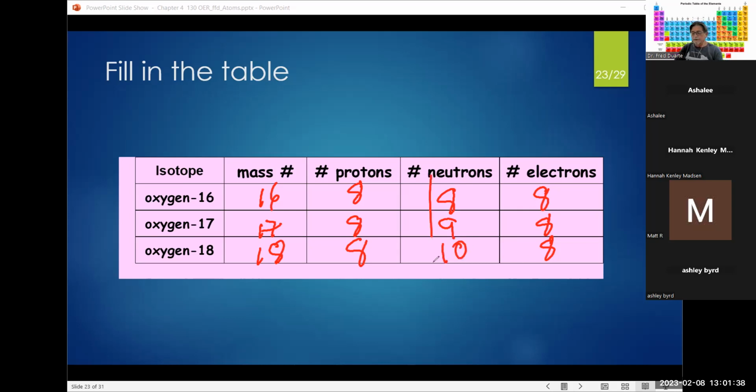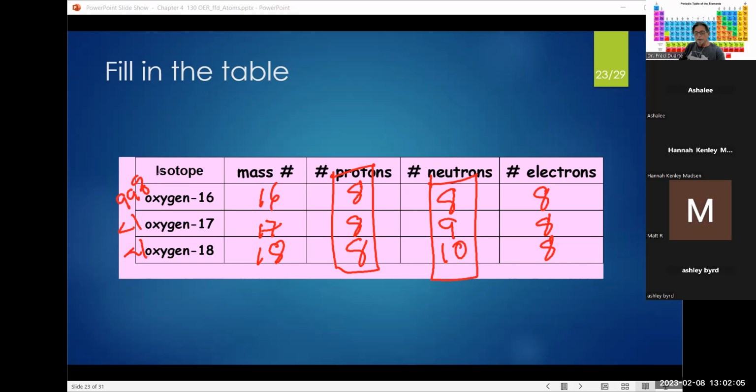So you notice that's the only difference. All of them are oxygen, denoted by the number of protons, but they differ in the amount of weight that they carry. Now, oxygen 16 is, like I said, the most common isotope, probably about 99% in nature, and obviously the others are less than 1%.